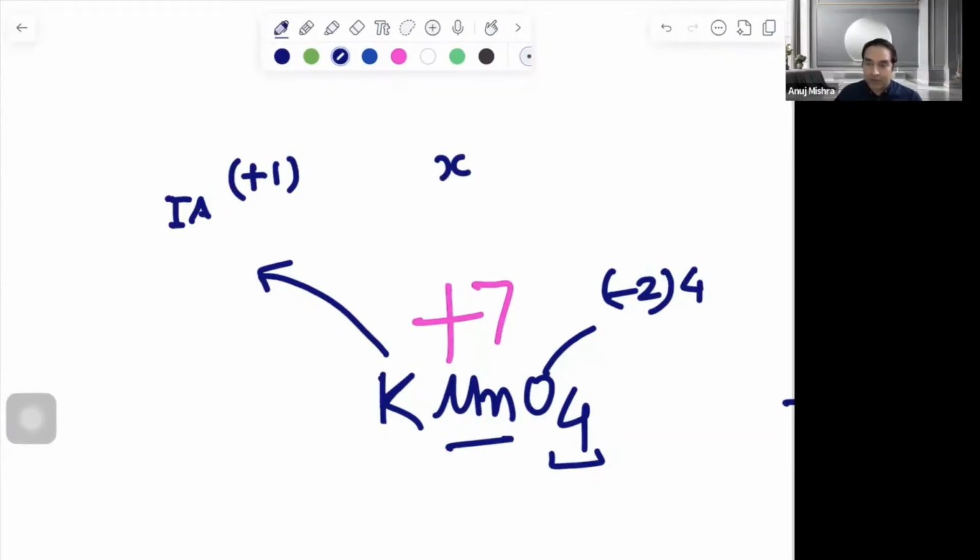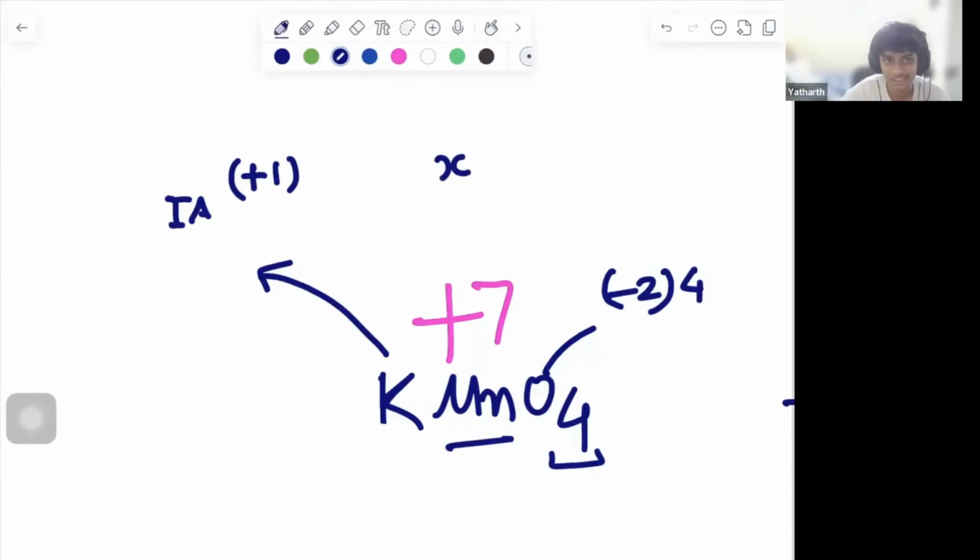Last class, we have done summation of all the oxidation states. So how will you write that? Sir, it will be K plus 7 plus 4 into -2 is equal to 0. Sorry, it's -2, so it's equal to -2.